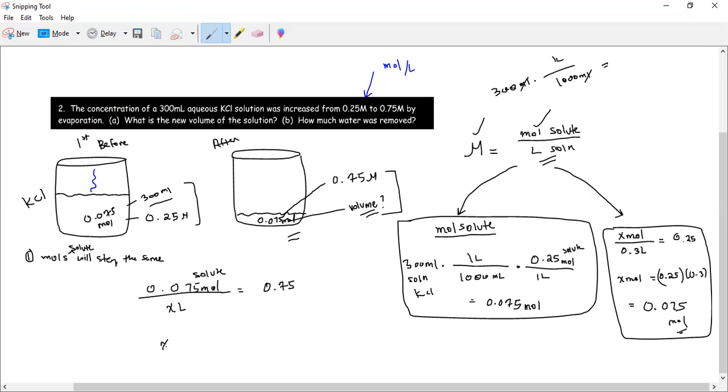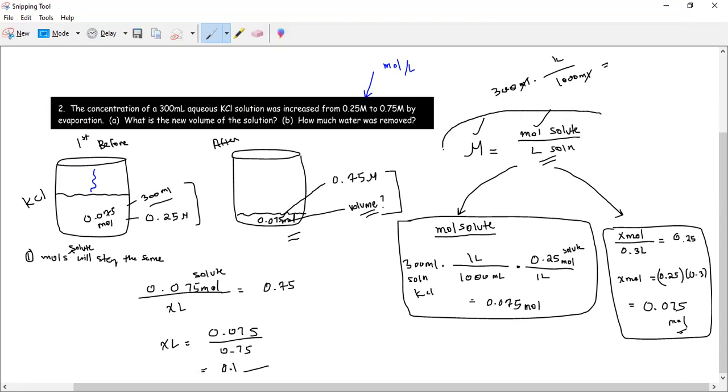And if you were to solve for X, you would essentially be doing 0.075 divided by 0.75. And of course, again, plugging into a calculator or using some simple common sense for arithmetic here, you would get 0.1.